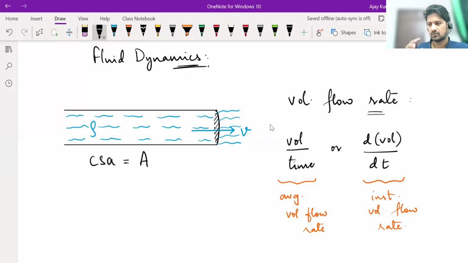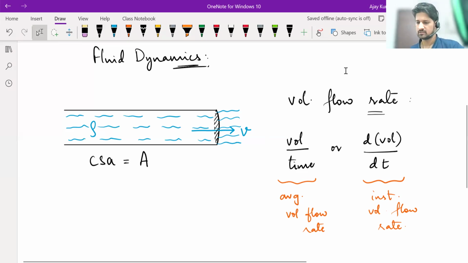You can consider a time t or dt, your wish. In that time t or dt, how much volume of liquid comes out? Write an expression for it and divide by the time, t or dt, whatever you consider. That will give you the expression for volume flow rate through that cross section. Do this, both of you. I'll give you 2 minutes.